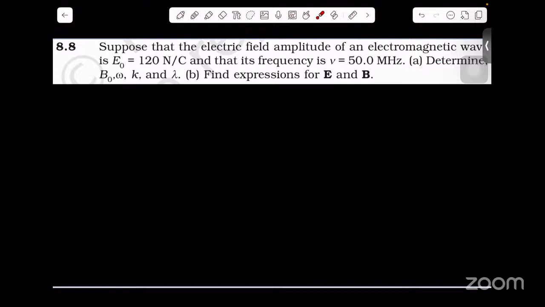We have to determine all these four quantities and write the expression for the electric and magnetic fields. So in the first bit, we have been given that the amplitude of the electric field is 120 newtons per coulomb, and its frequency is 50 megahertz, that is 50 into 10 raised to the power 6 hertz.